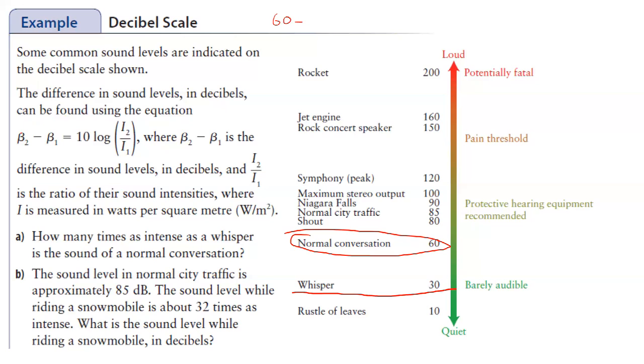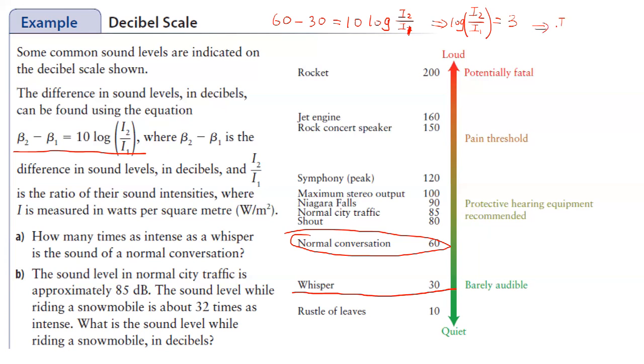So if we substitute these 60 and 30 into this equation, 60 minus 30 is 10 times log base 10 of I2 over I1, right? So that means log base 10 of I2 over I1 is 3.